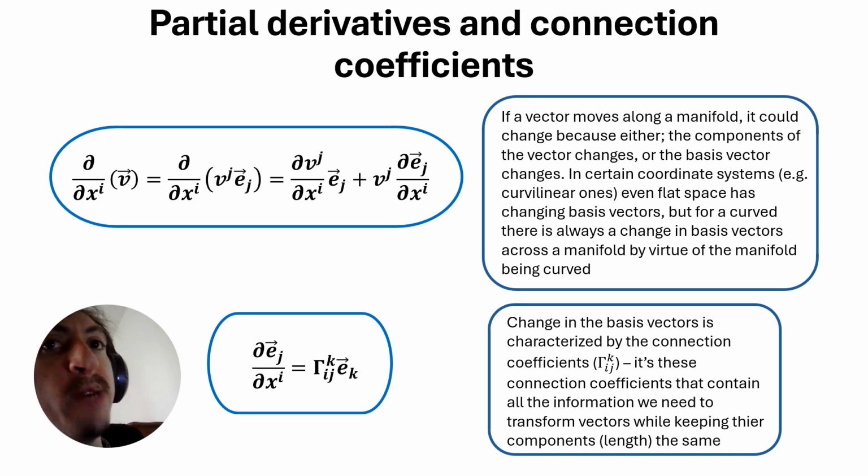So because of that, using Einstein's summation convention, we can write the partial derivative of a basis vector along a spatial axis as being equal to the sum over k of our Christoffel symbol, which is that symbol with one upstairs index and two downstairs indices, multiplied by the basis vector.